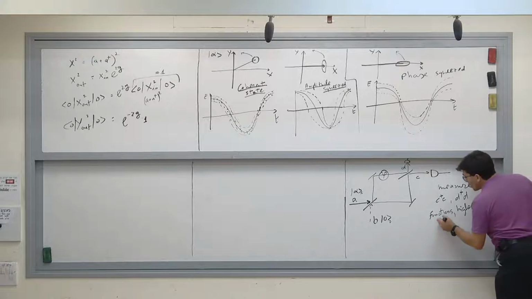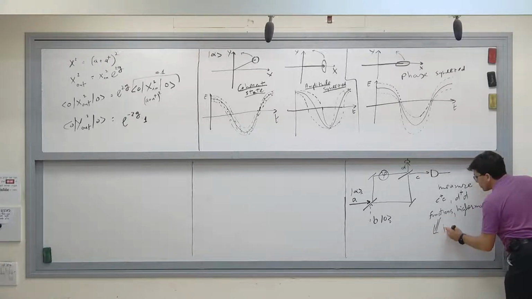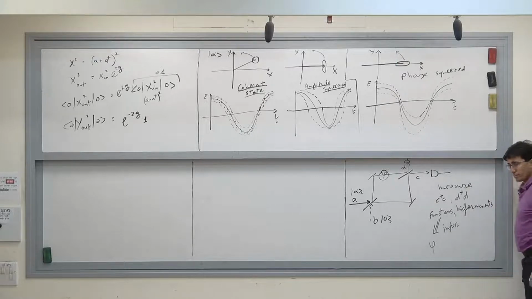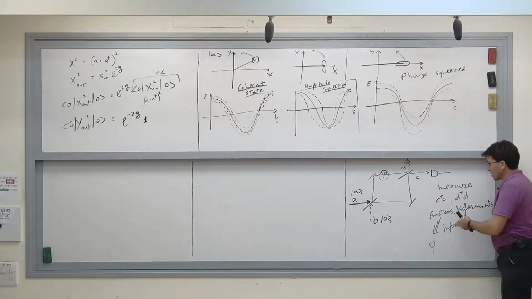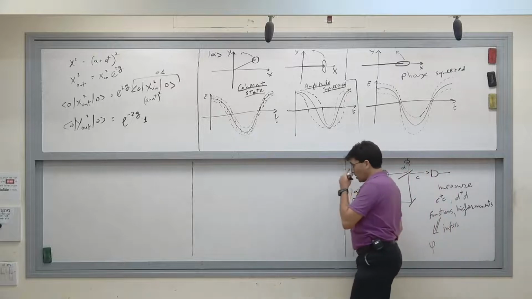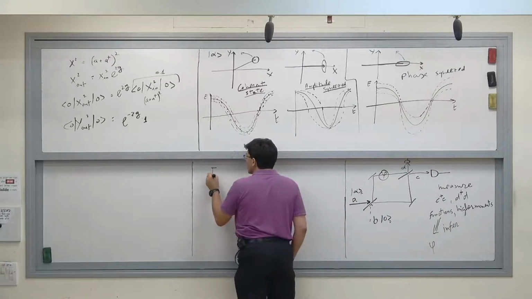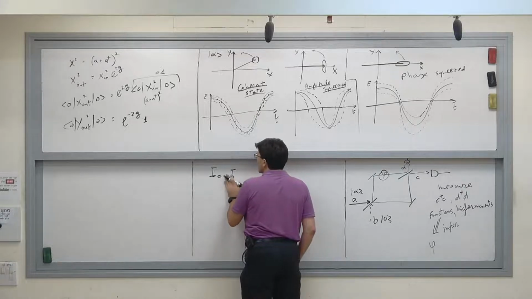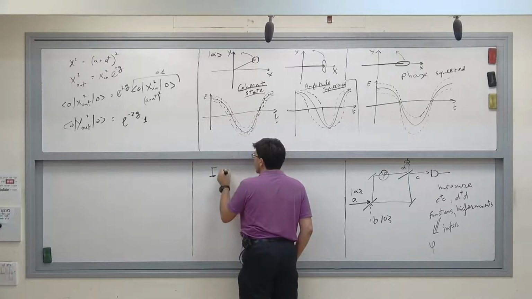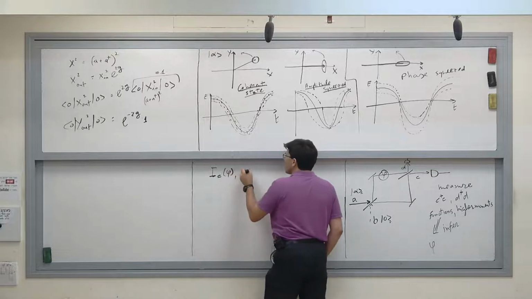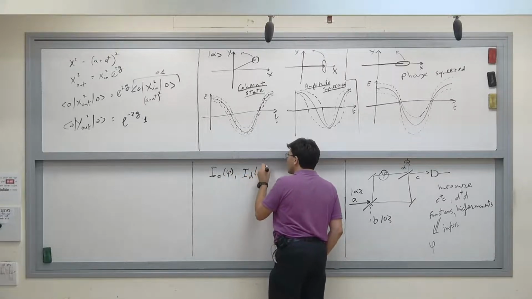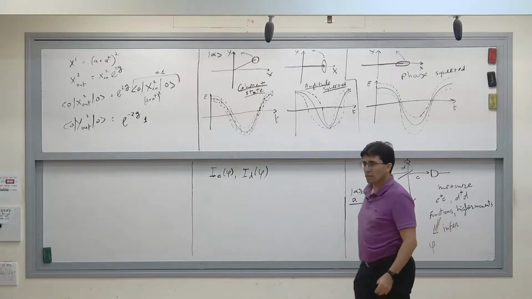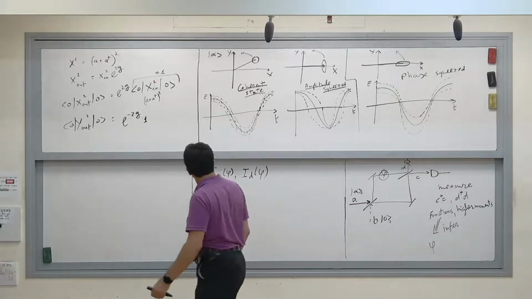But we want to infer phi. So specifically, we want to measure this I_C and I_D as a function of phase, and I want to invert somehow this function to get the phase out of that.